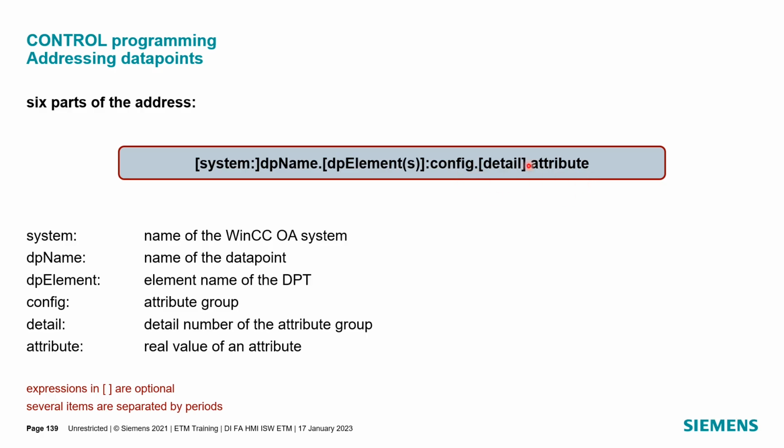Before we have seen the 2 dots, because an original and an online does not have a detail, right? But we have to have the same way to address things. That's why we have then a dot. If you, for example, want to address an alert handler, there are details available. So there can be information in here.